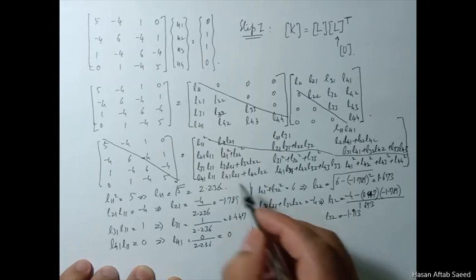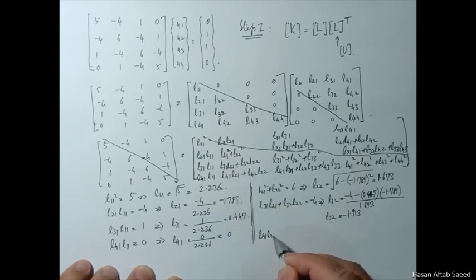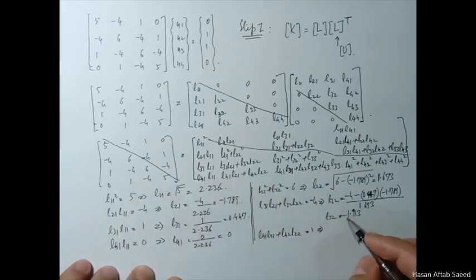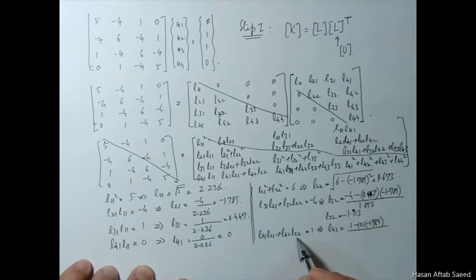And this one, L41 L21 plus L42 L22 is equal to 1, which implies that L42 we are interested in. L42 is equal to 1 minus L41 L21. L41 is 0. L21 minus 1.789, over again L22, 1.673.